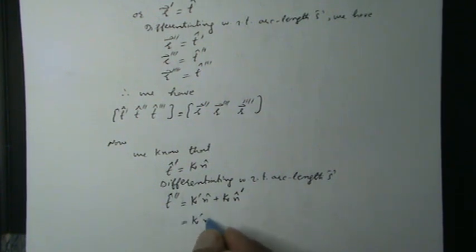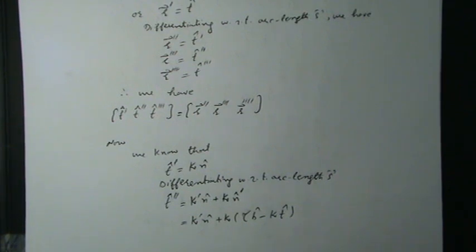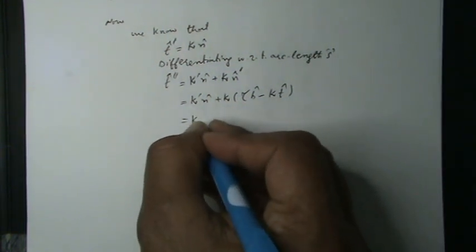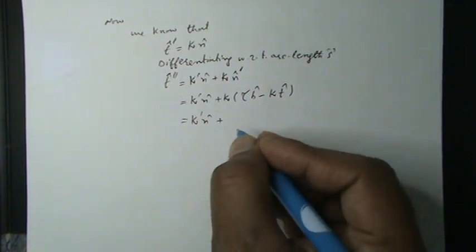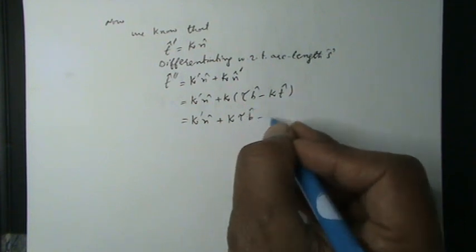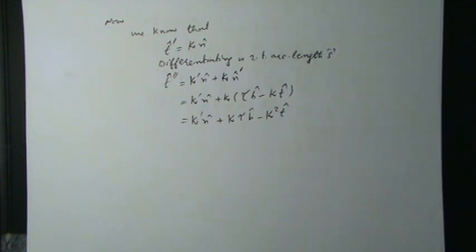This is equal to kappa dash n unit vector plus kappa, using Frenet third formula, tau b unit vector minus kappa t unit vector. This can be written as kappa dash n unit vector plus kappa tau b unit vector minus kappa square t unit vector.